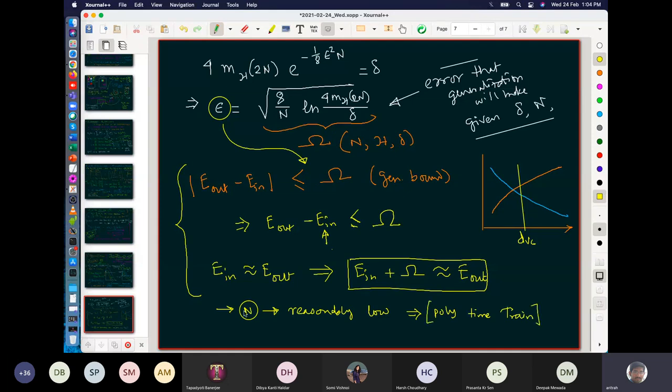If this is very high, my hypothesis space is so generic that I can shatter all possible points, then polynomial training is not possible. That's why the notion of PAC learning says that it is probably approximately correct with respect to polynomial time learning algorithms and hypothesis sets. So that's how eventually it gives us an intuition about VC dimension and finishes the whole thing.